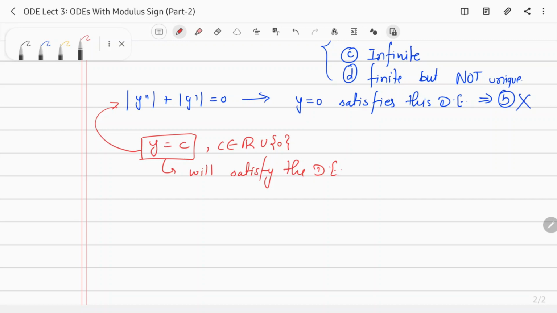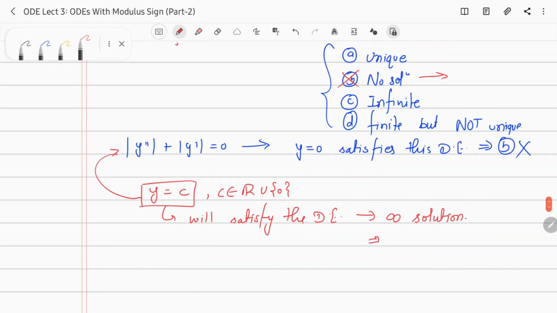So in that case also we have infinite solutions, right? Then options A and D will be wrong, so only option C is correct and the other options are wrong.